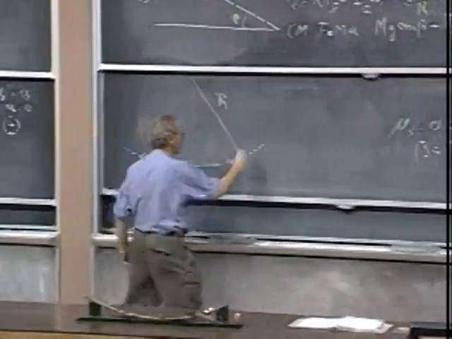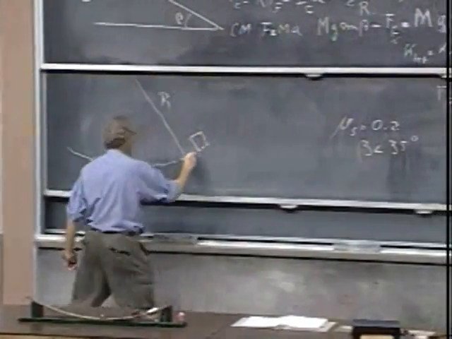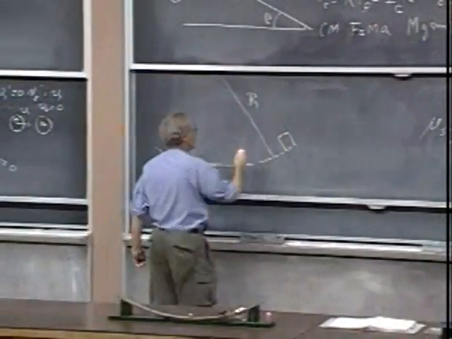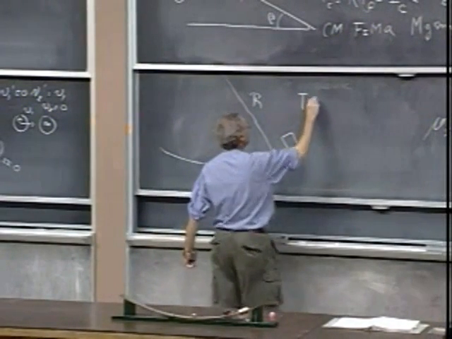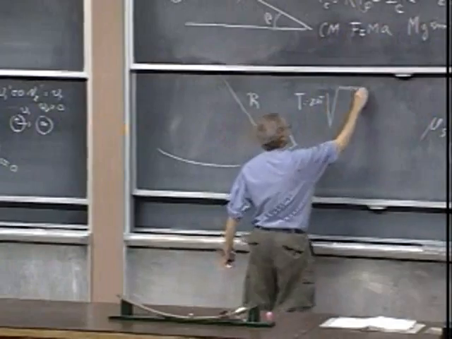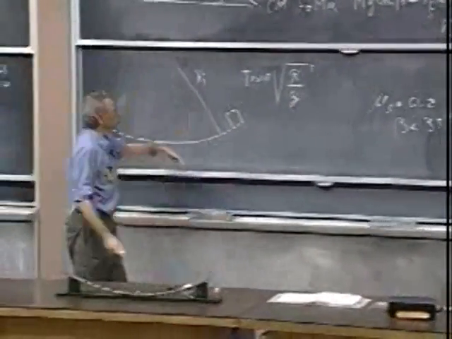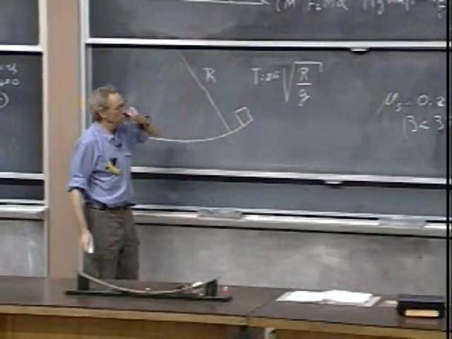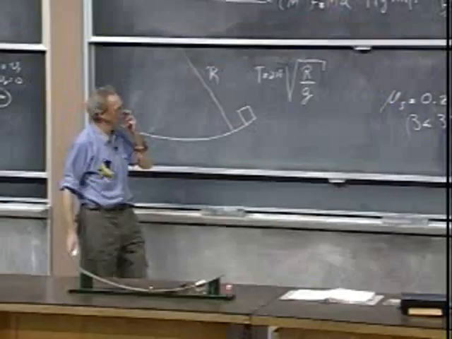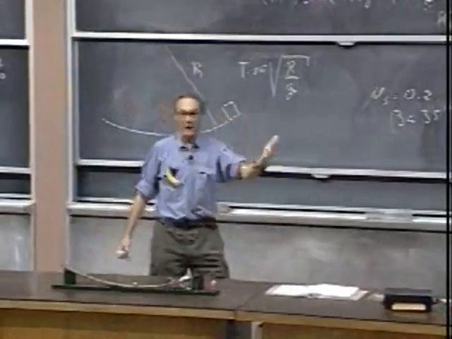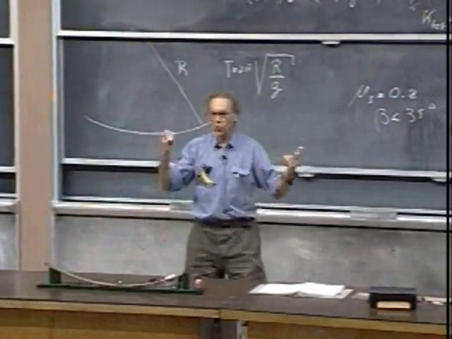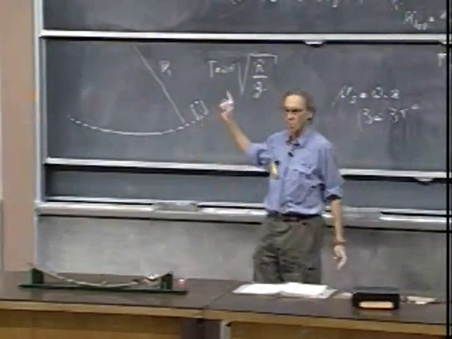And we had a sliding object here, sliding without friction. And we derived that the period was 2 pi times the square root of r divided by g, as if this were a pendulum with length r, and that's in fact what it is.